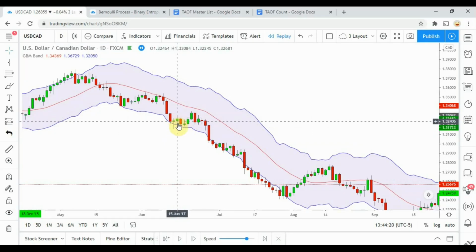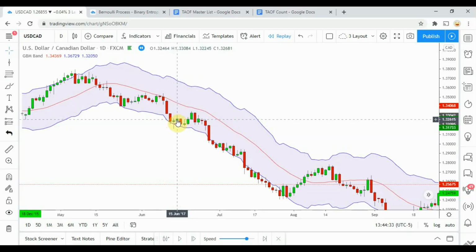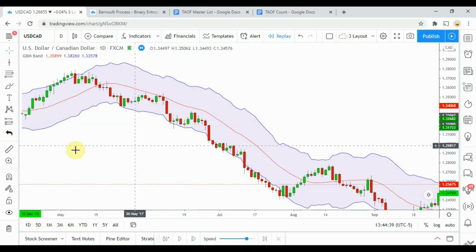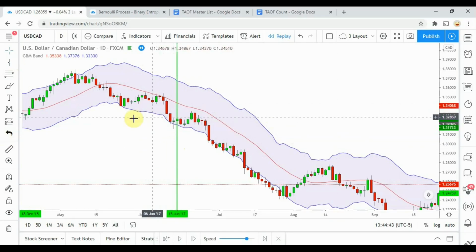Then on this green candle right here, does it close? Yes. We're looking at the body technically and not the wicks, but what we're looking for is the close of this body to be higher than the close of this body, which would give us a signal to go long. We would then go long right here, and then we would see what happens.